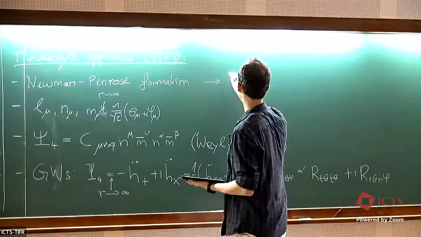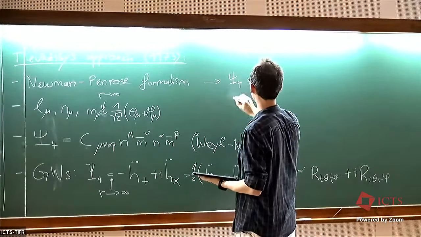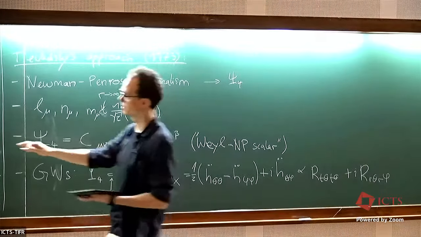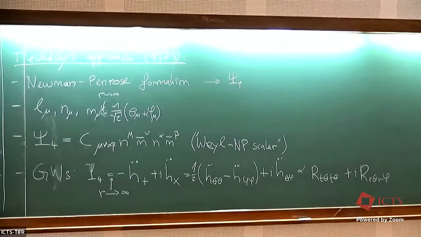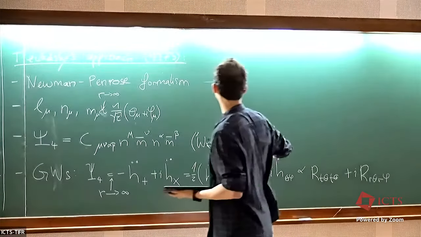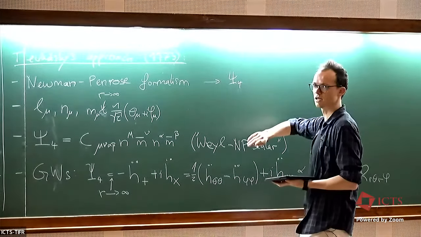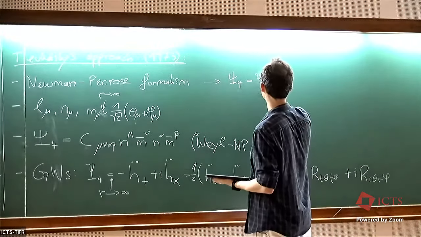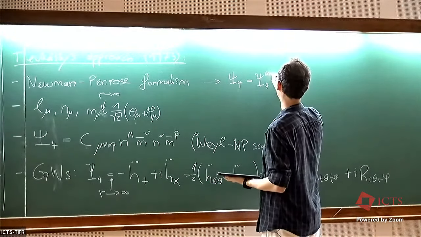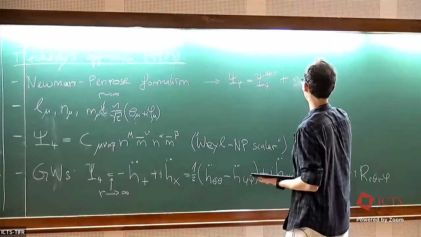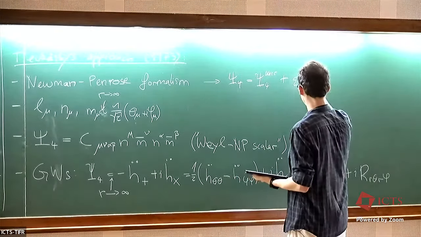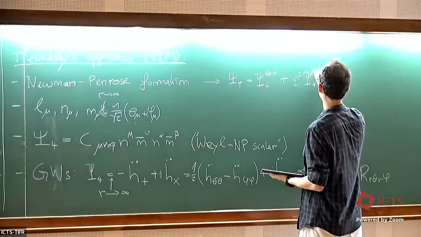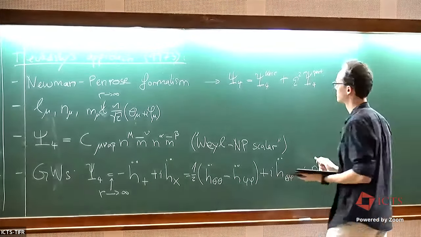And so this is basically, I'm just going to write this schematically. Similar to the metric perturbations that we expanded around some background, you can then expand these scalars also around some background. Okay, so you can write this as psi4 Kerr plus epsilon squared psi4 perturbation. Okay?